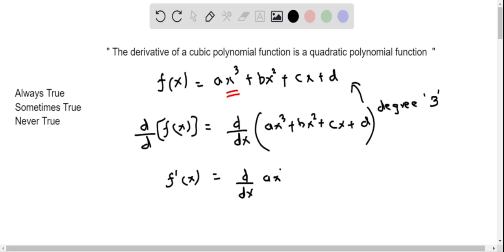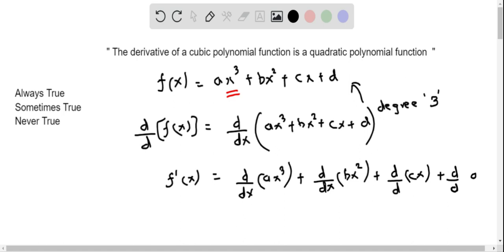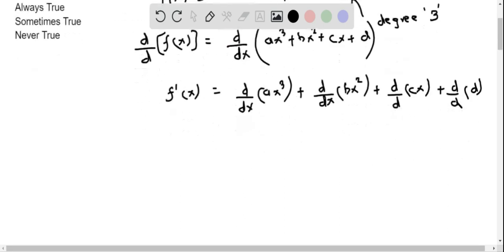So I put ax cubed plus differentiation of bx squared plus derivative of cx, then derivative of the constant d. Now I can use the constant multiple rule and factor out the constants, because the constants are a, b, c. In fact, this last derivative will be 0.